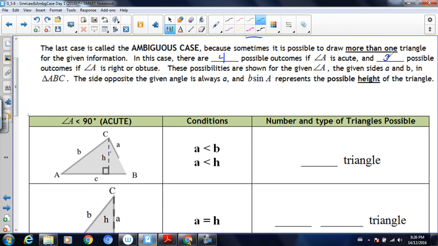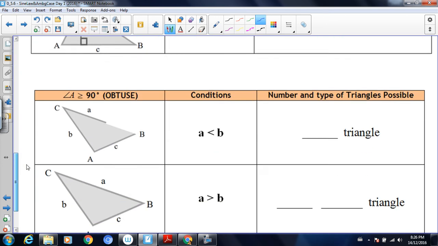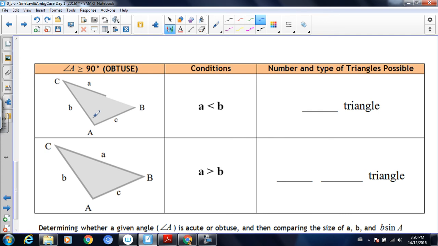There are also two possible outcomes if angle A is right or obtuse. So down here, when angle A is a right angle or an obtuse angle, meaning it's 90 degrees or greater than 90, you have two possibilities.